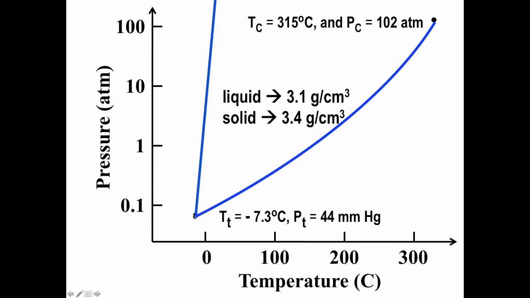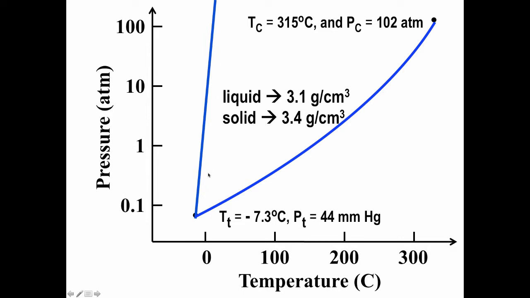Now we'll have a liquid solid phase boundary, and in the case of water, the phase boundary line between liquid and solid had a negative slope because liquid water has a higher density than solid water. But for most everything else, the solid has a higher density than the liquid, and so the phase boundary line slopes slightly positively.